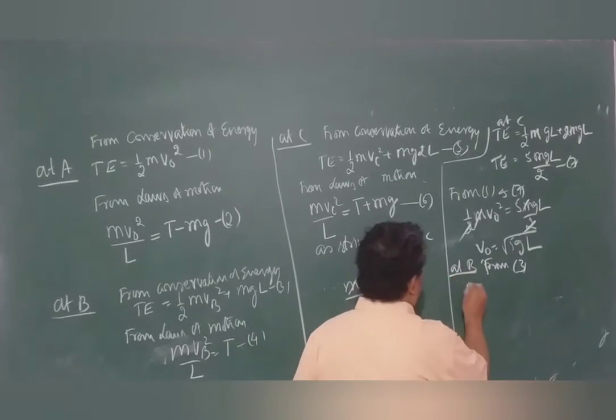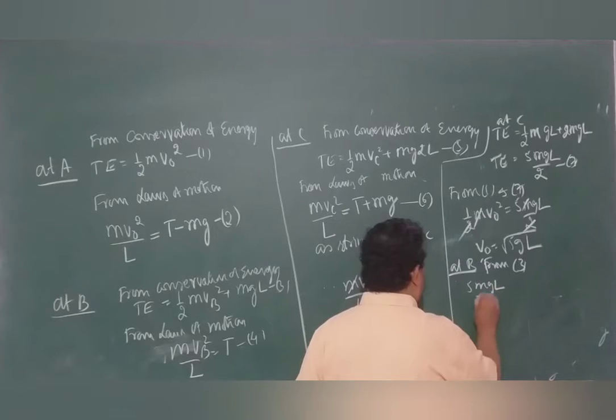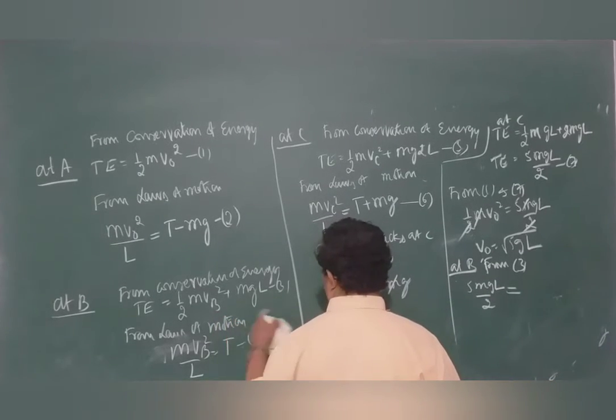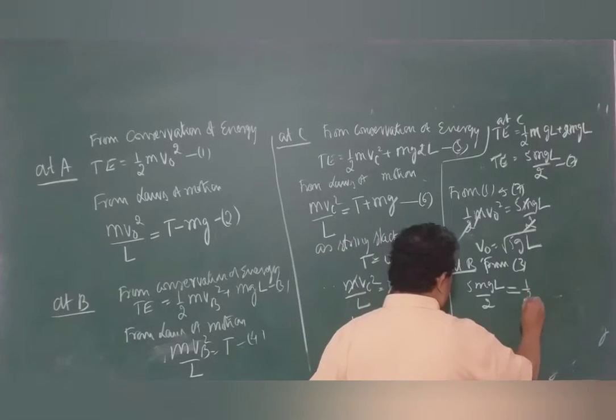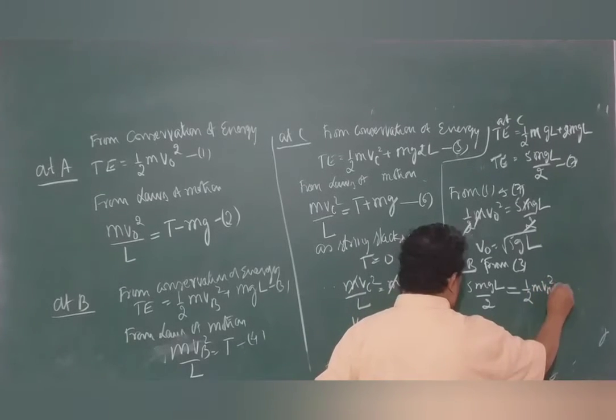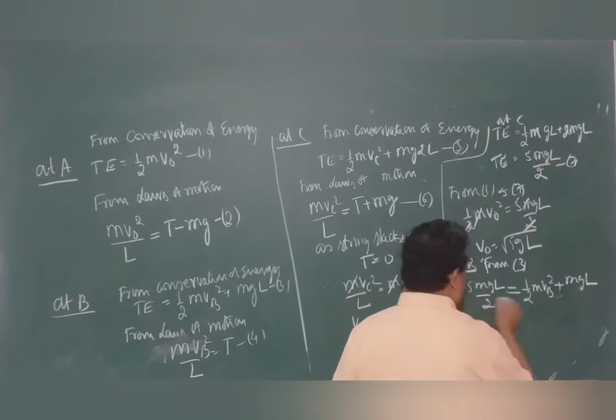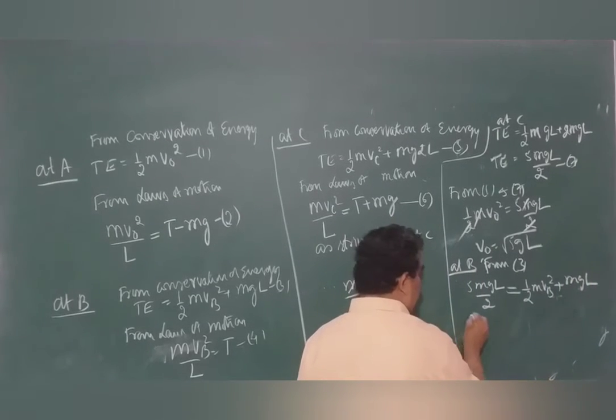Total energy 5mgL by 2 is equal to half m Vb square plus mgL. If you rearrange the terms, m is gone.